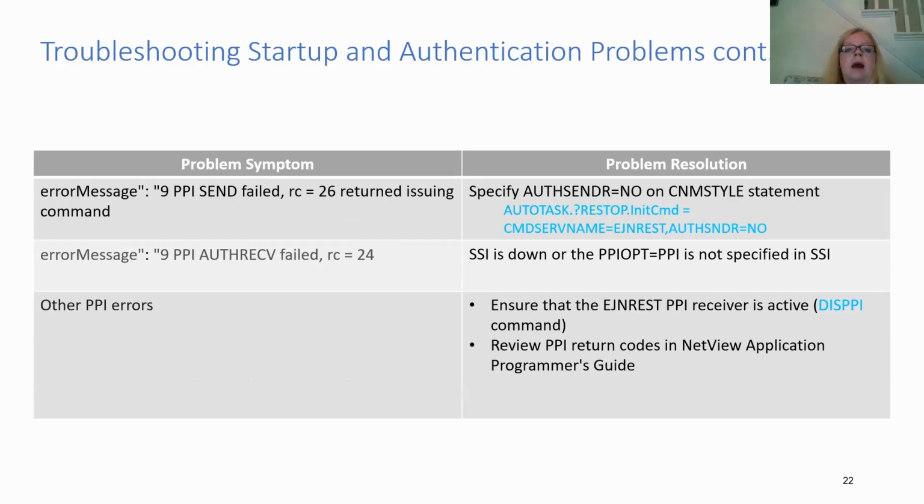If you get a PPI return code 24 for auth receiver, it means either the subsystem interface is down or the PPIOPT=PPI is not specified in the subsystem interface startup procedure. For other PPI errors, ensure that the REST server PPI receiver, EJNREST, is active using the DIS PPI command. And if you get additional return codes, those are all documented in our NetView Application Programmer's Guide.